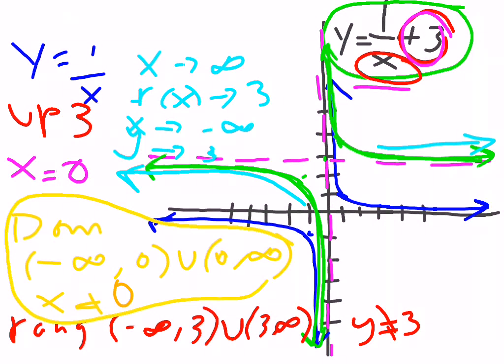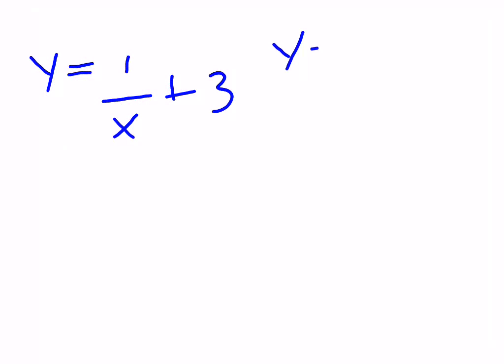Okay? Now that we found all that stuff out, let's figure out what the y-intercept is. How do we find out what the y-intercept is to a graph like this? So let's see. Y is 1 over x plus 3. Remember, y is the same thing as f of x, okay?